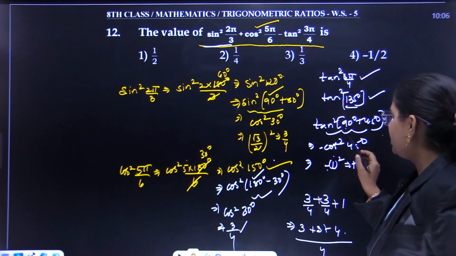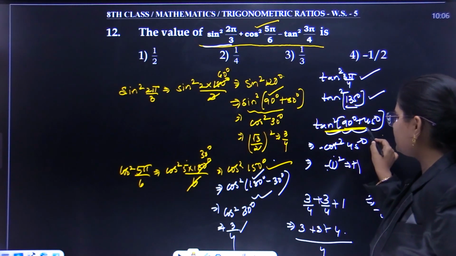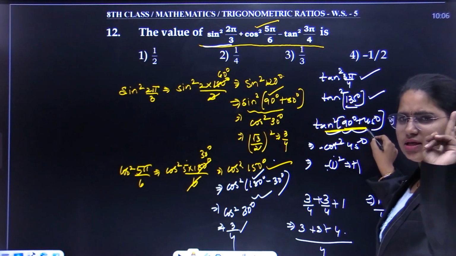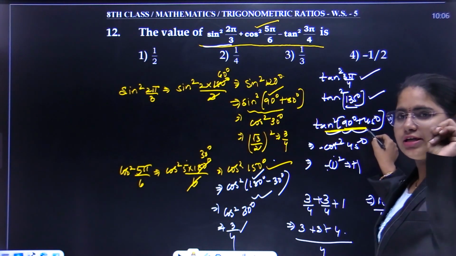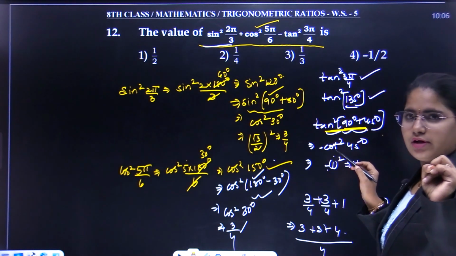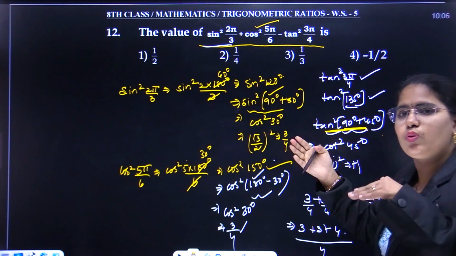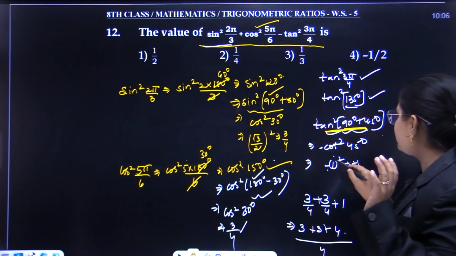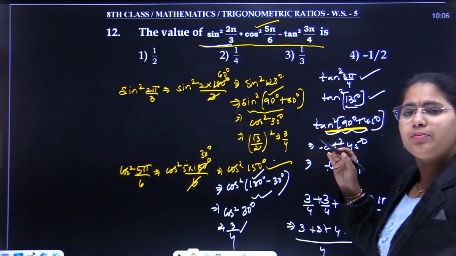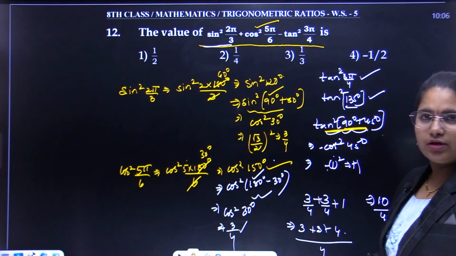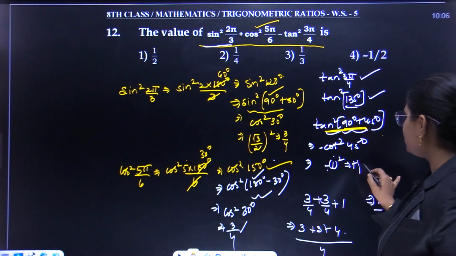Got it, children? So tan 90 plus theta is nothing but, in which quadrant is it lying? 90 plus theta is the second quadrant. In the second quadrant, tan is negative. So the answer will be minus 1 square, which is obviously minus 1 into minus 1, which is plus 1.